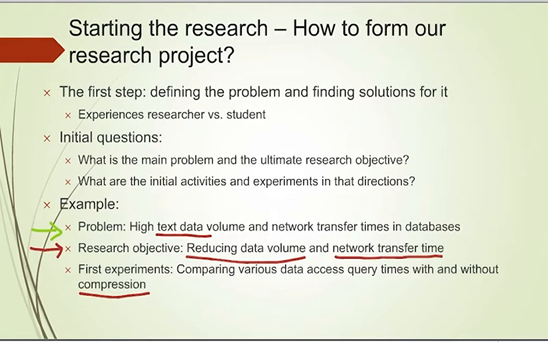Then I think about it and find out that, because text is well compressible, if I compress the data before sending it over the network, the volume is reduced, so it takes less space on the database and it reaches the database faster. So I can actually get to both my objectives by compressing the data.